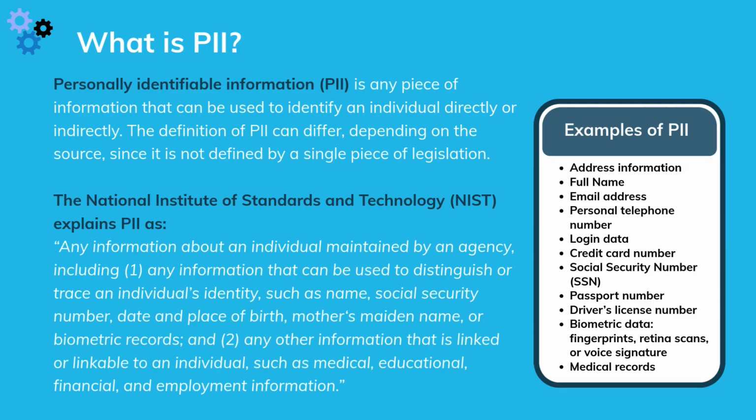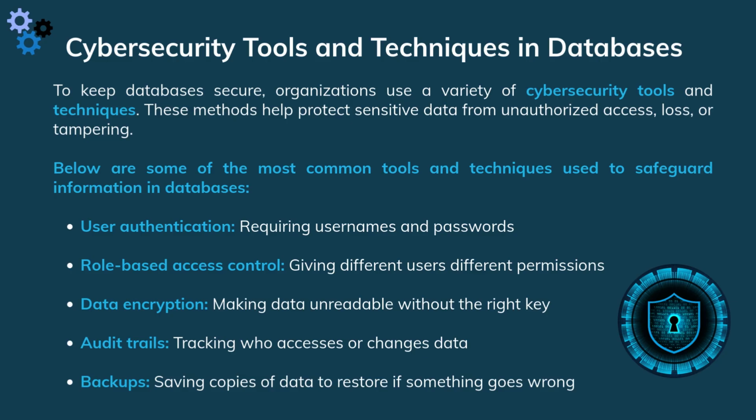To protect sensitive data, organizations use a variety of tools and techniques, such as user authentication, making sure only authorized people get access, role-based access control, or RBAC, which we'll dive into a little bit later.